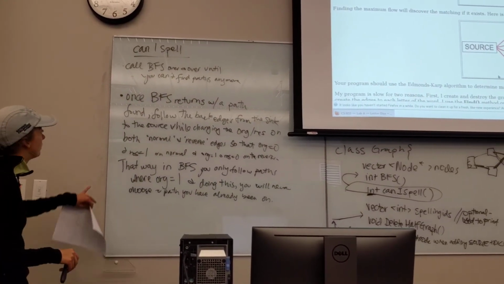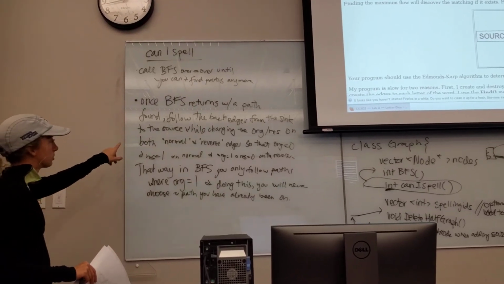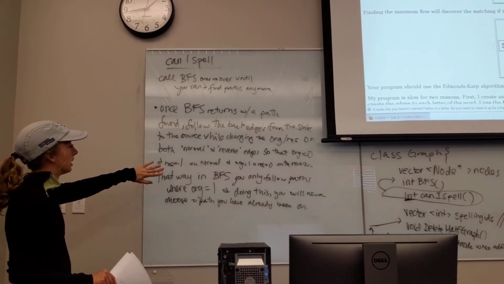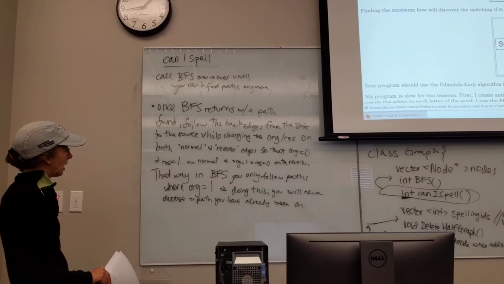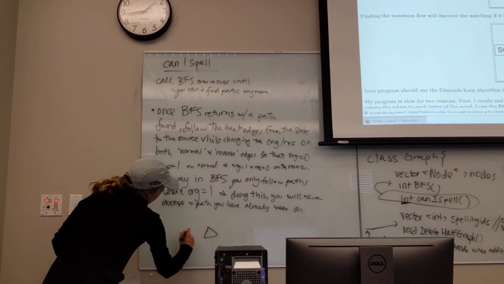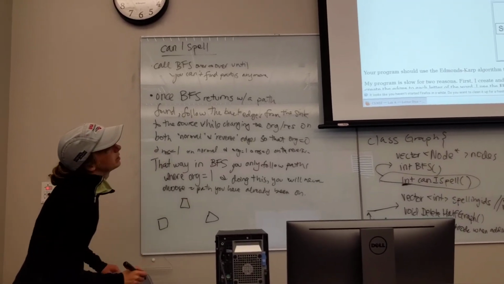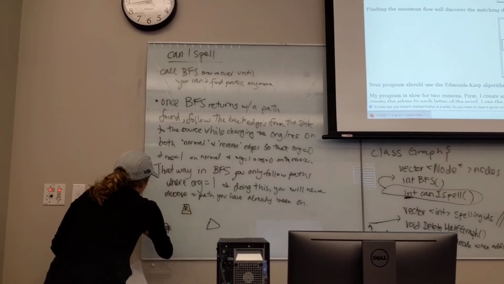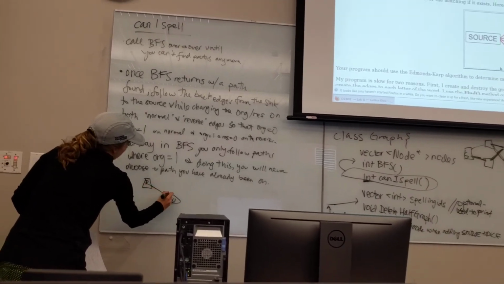Okay, so when you found the path, you follow the back edges from the sink to the source while changing the original and residual on both the normal and reverse edges, so that original is 0 and residual is 1 on a normal edge. Let's say we found the path R to the sink.